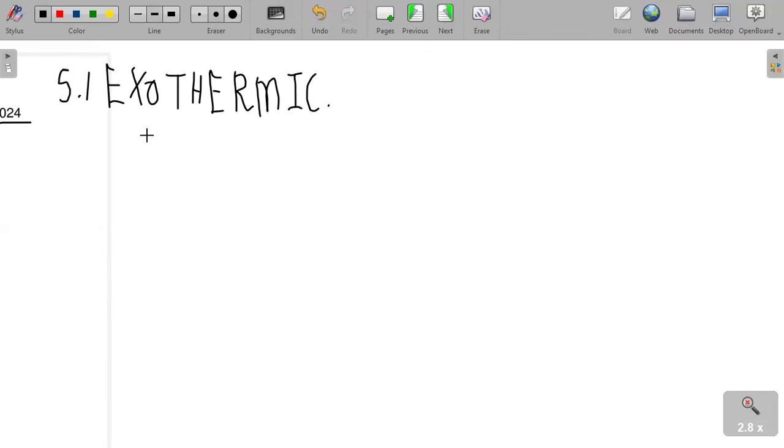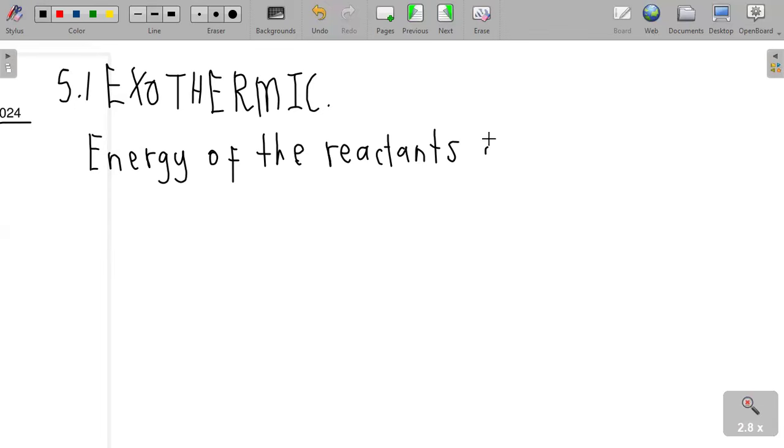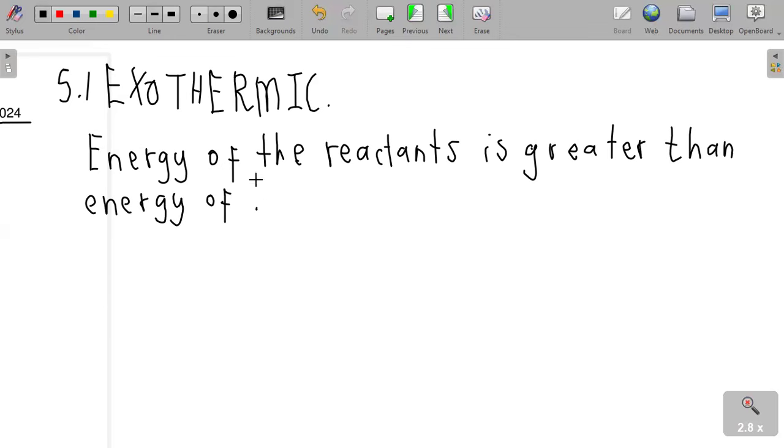And then what is the reason here? The energy of the reactants is greater than the energy of the product.